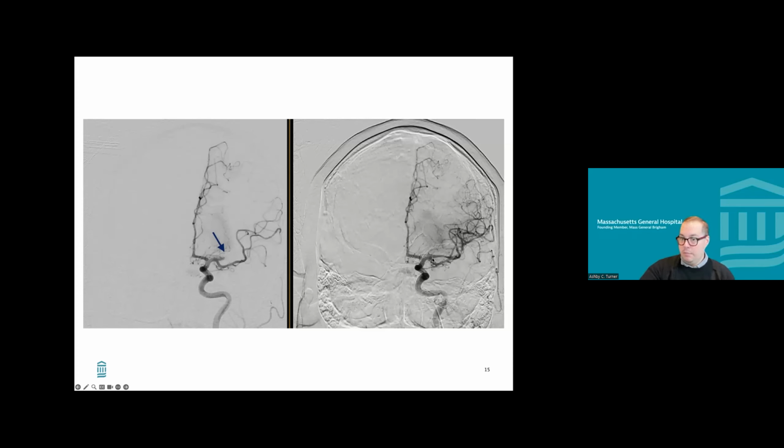But the key point of the shot here was to see that now that vessel that was cut off on our previous view has been restored, and we're seeing the early filling of these branches. So again, a successful thrombectomy in this case, it appears.